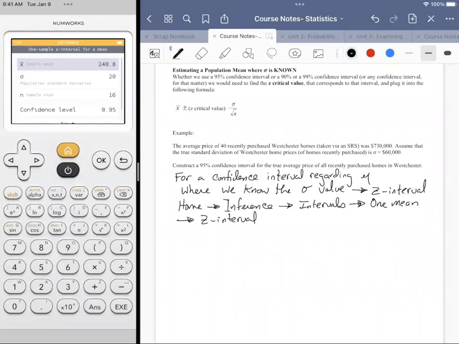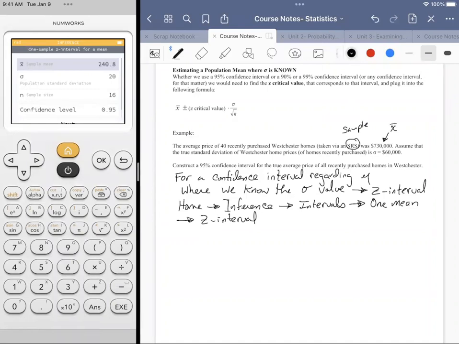But everything that we have in the problem has a place in this menu. All right. So the sample mean. All right. So SRS, simple random sample. So that makes this a sample mean. All right.